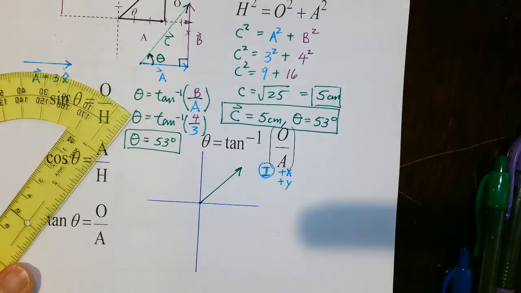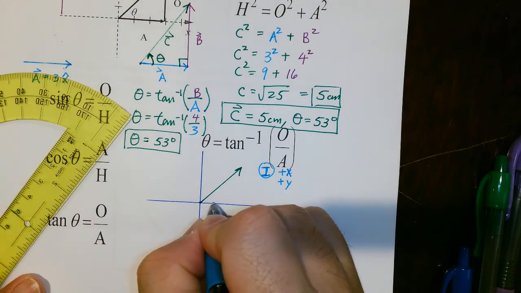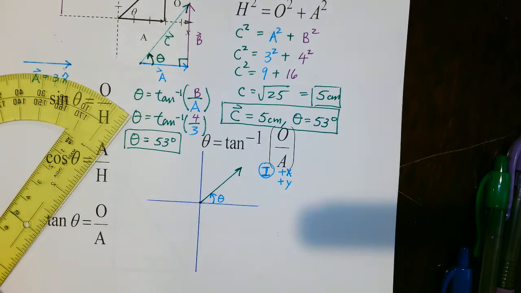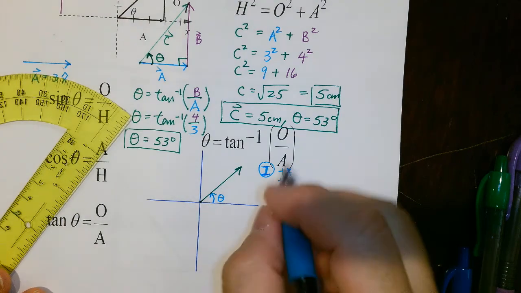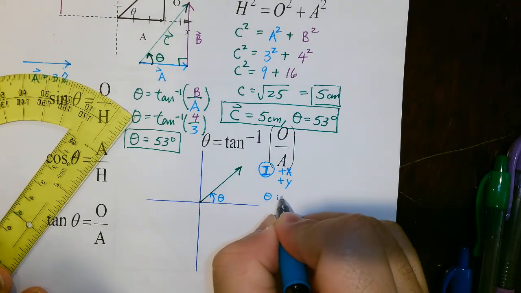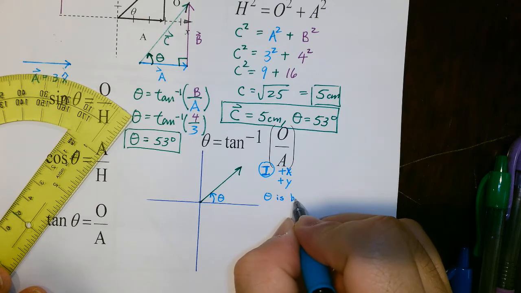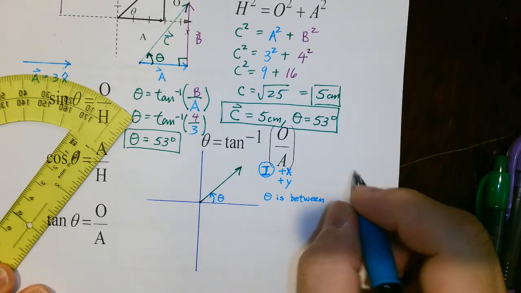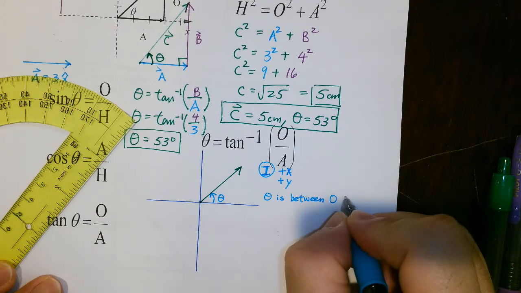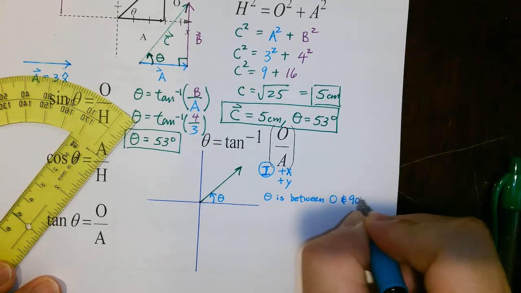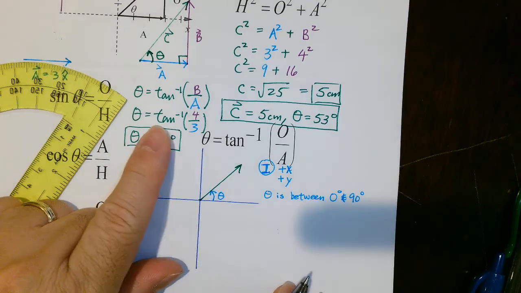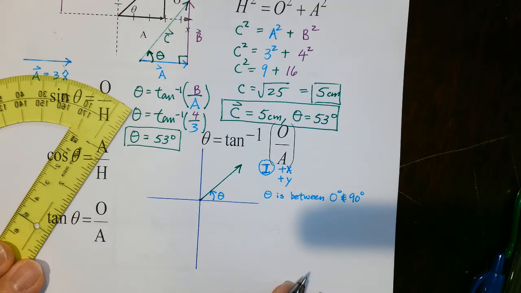This angle here is theta, which is between 0 and 90 degrees. So theta has to be measured counterclockwise.